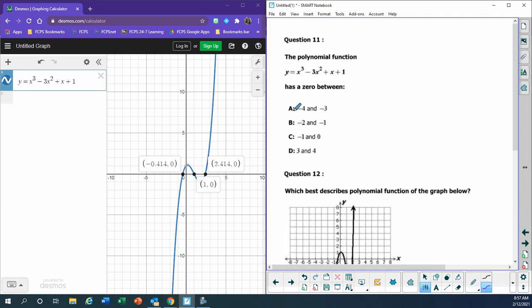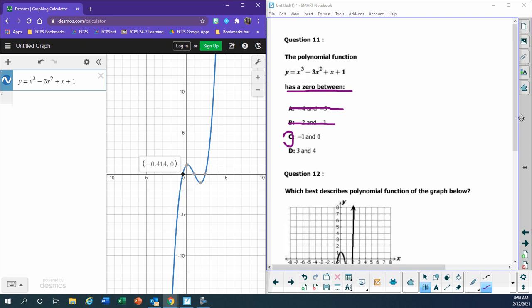Sometimes it's not asking you which one is the 0. It's just asking which numbers it has a 0 between. Do I have a 0 between those two? No. What about between -2 and -1? No. What about between 0 and -1? Yes, right? This is between 0 and -1.